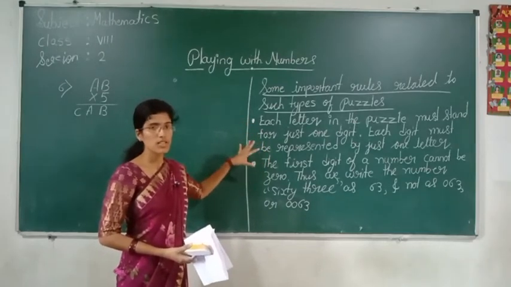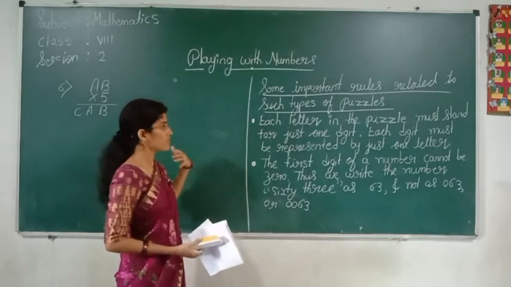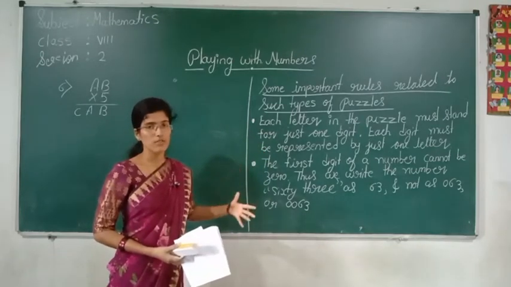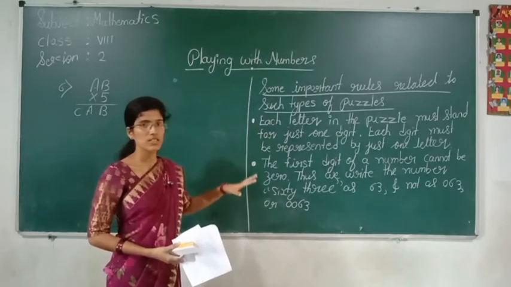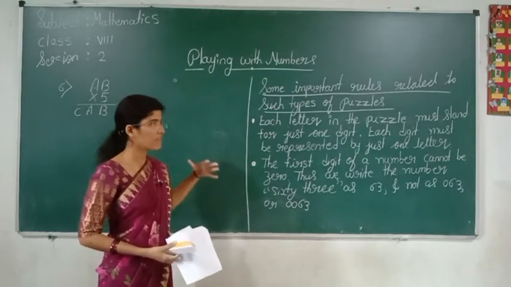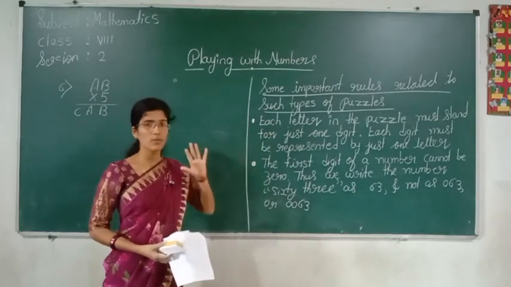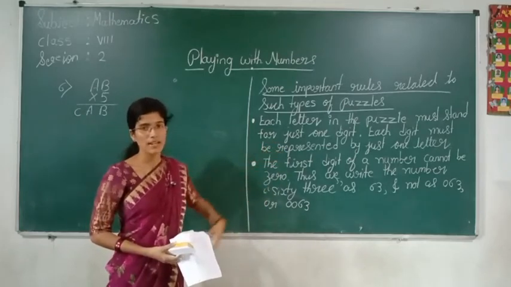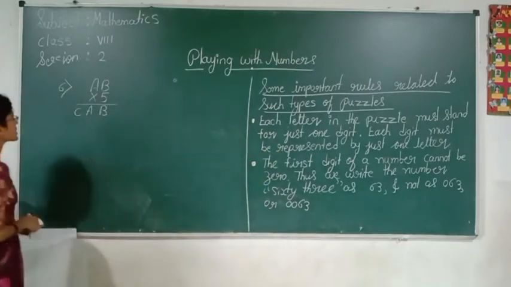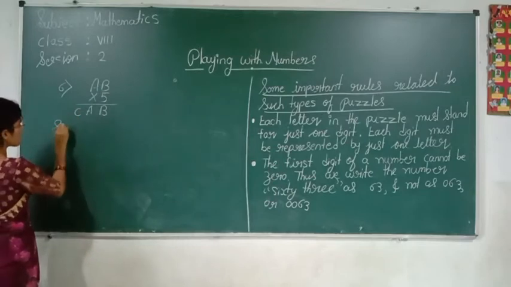Okay, the rules are very very important. Without a rule you can't substitute however you want. That's why I wrote the rules on the board. You should keep this in mind whenever you are solving the puzzle.